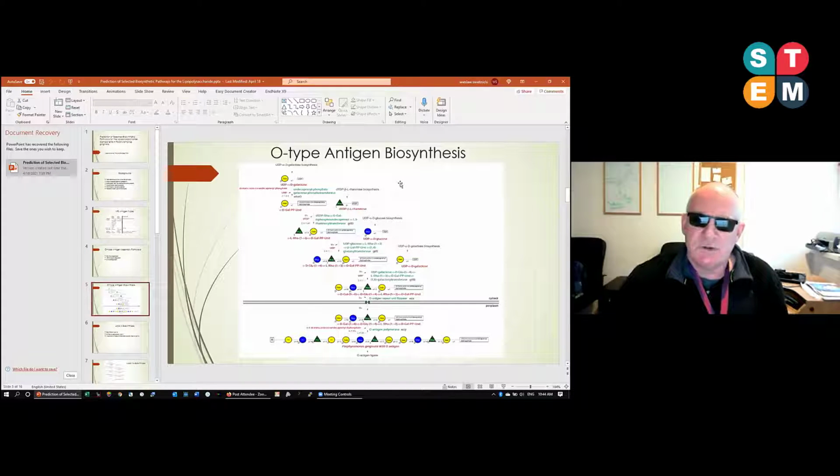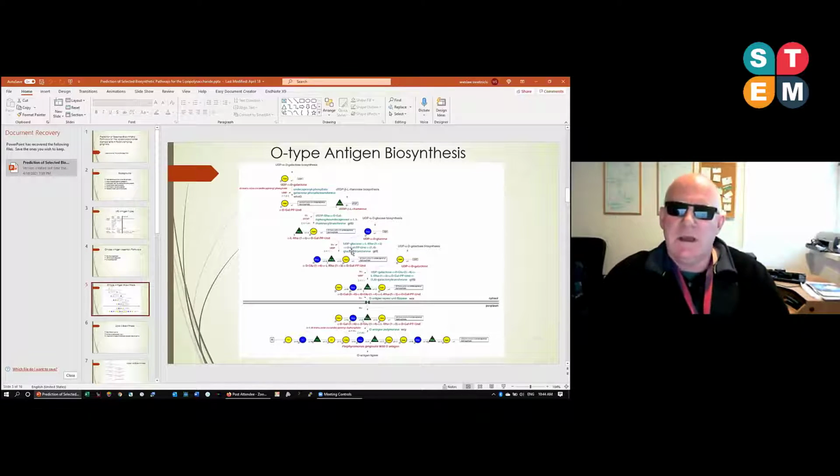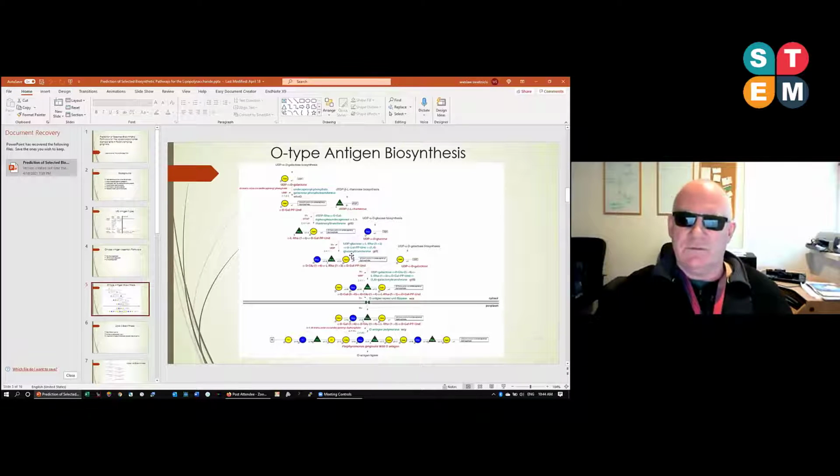In this case, we used Pathway Tools software, and we actually reconstructed in silico the pathway of how it's synthesized and correlated it, of course, with the experimental data. What you see here, everything is correlated with experimental data.